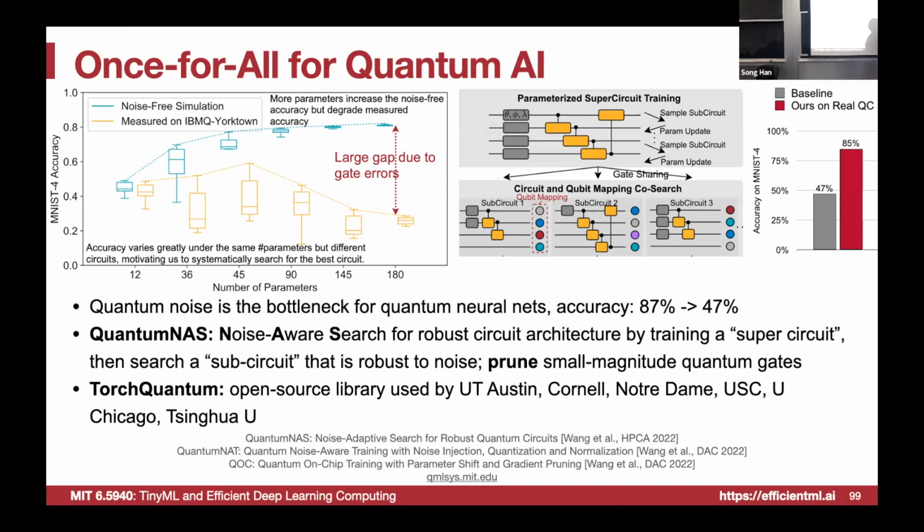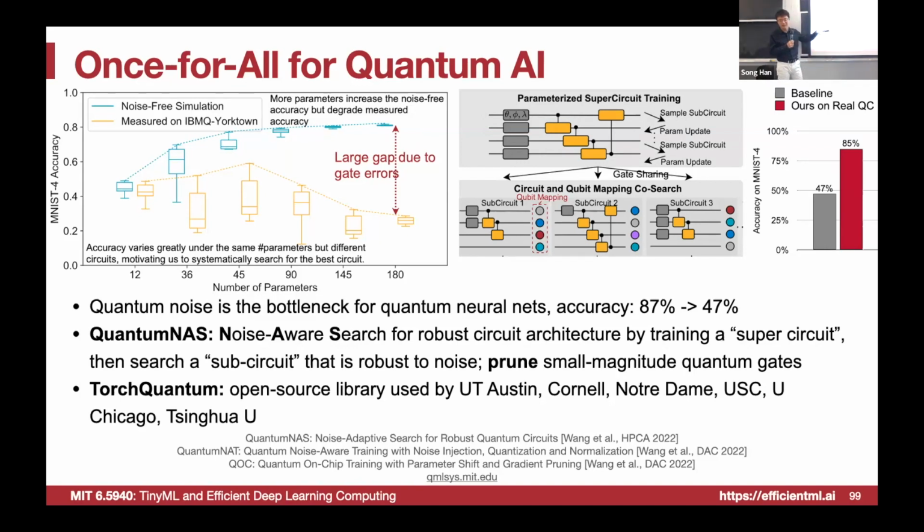So we can sample different sub-circuits and finally search for the best one. And here is the comparison with the baseline. This is our measured result, which is accuracy on classifying 4 digits. This is measured on a real quantum computer, getting a much better accuracy, from 40-something percent to 80-something percent. The take-home is that quantum noise is the bottleneck for quantum neural nets, causing big degradation in accuracy.